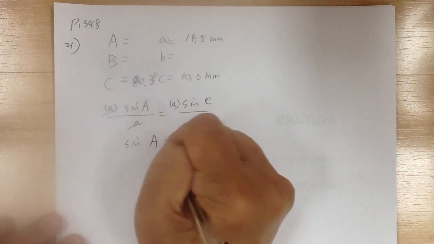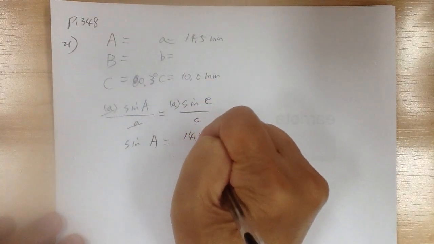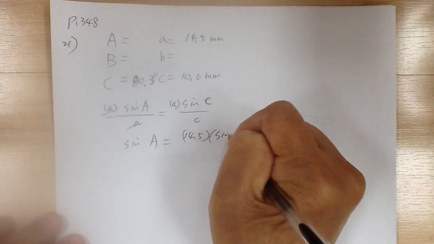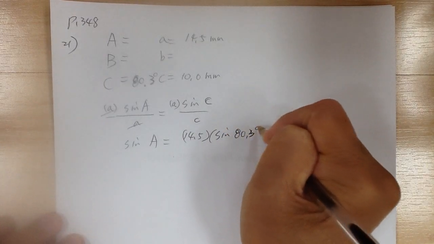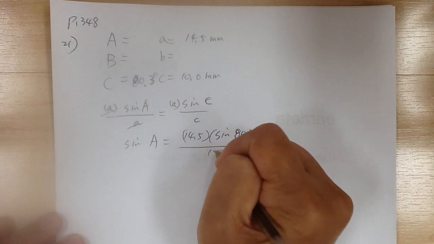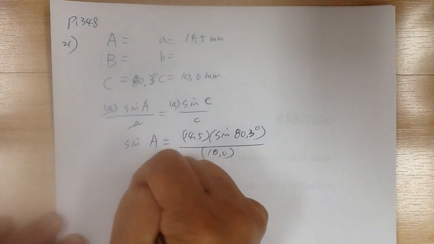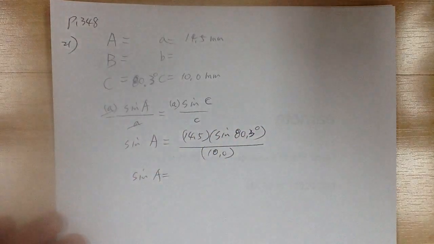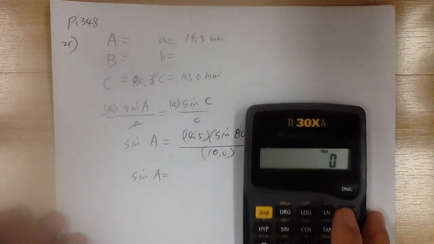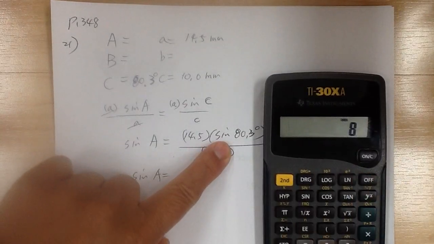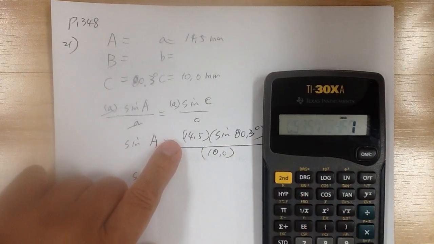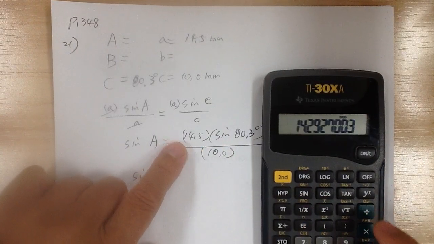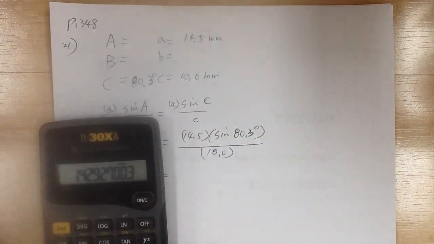So sine A equals 14.5 times sine of 80.3 degrees divided by 10.0. Let's go and get that. So 80.3 sine times 14.5 divided by 10 equals.